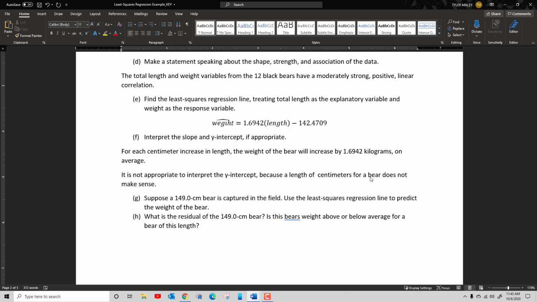And we also discussed, it also doesn't make sense to have a bear that weighs negative weight. All right, that's just another comment.